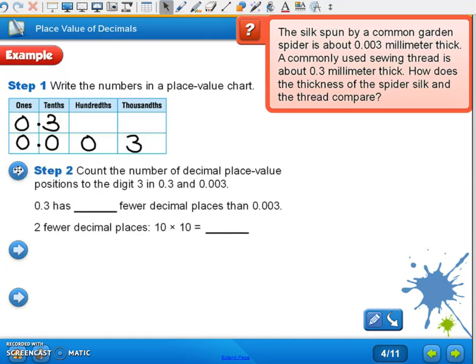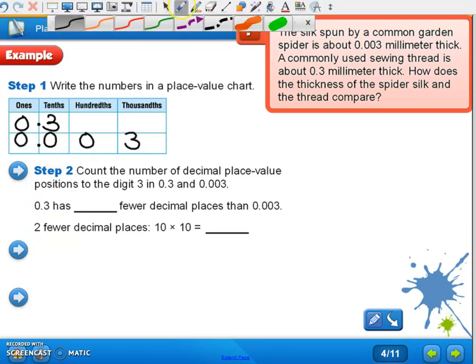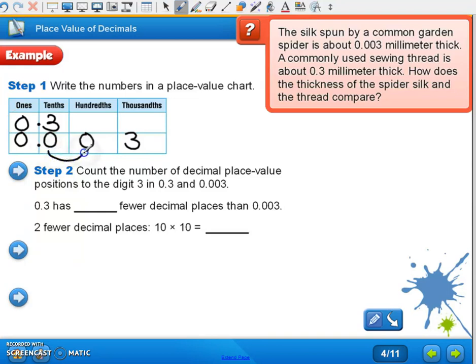It says count the number of decimal place value positions to the digit 3 in 3/10 and 3/1000. So we're going from 3/10 to 3/1000. 1, 2. So 3/10 has 2 fewer decimal places than 3/1000.